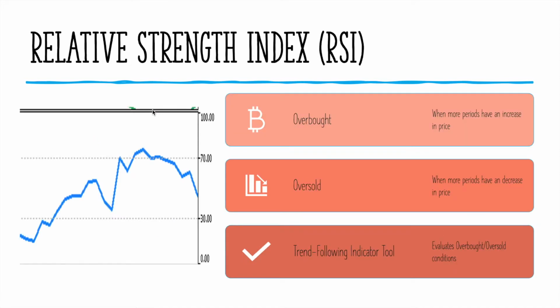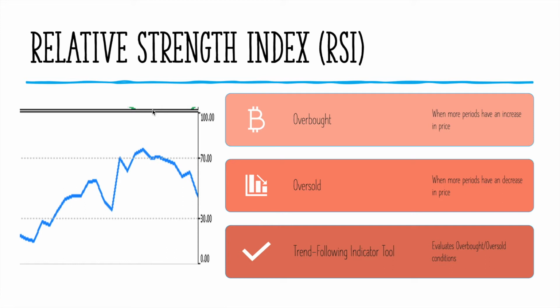The relative strength index, or the RSI, is also a trend following indicator tool, and this tool as well as the MACD are essentially secondary tools used to verify whether or not a specific trend is happening. So they go hand in hand.